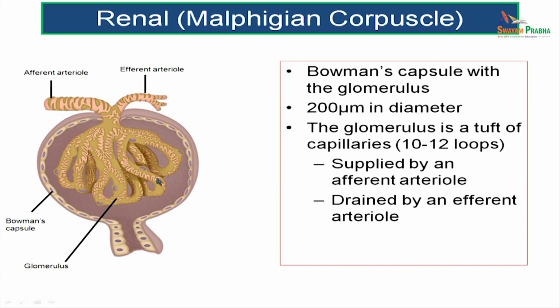Glomerulus is nothing but a tuft of capillaries. How many loops? 10 to 12 loops of capillaries are present in it. As you can see from this diagram, this renal corpuscle is supplied by an afferent arteriole and it is drained by an efferent arteriole.